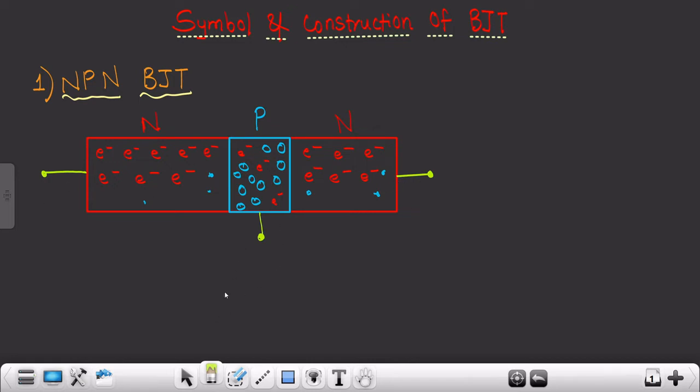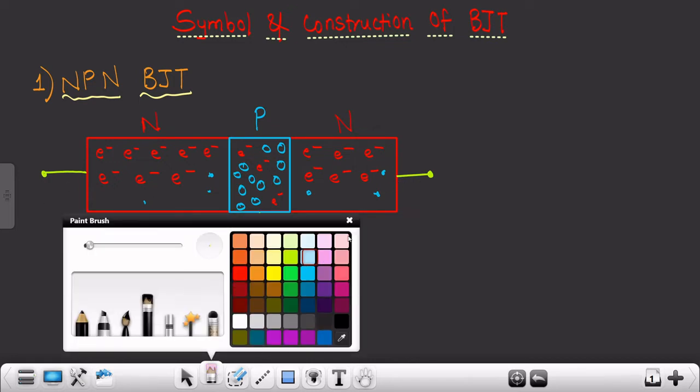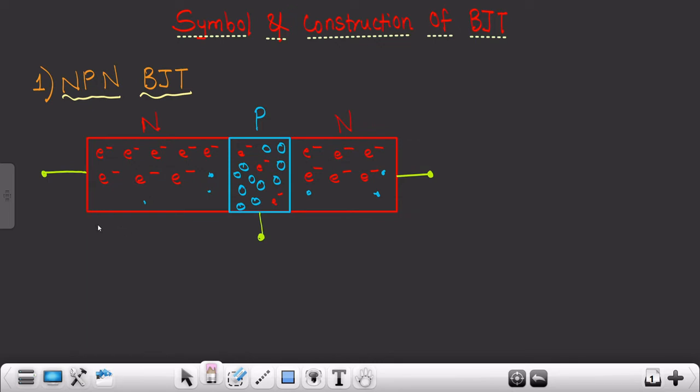Now if you look very clearly over here, you can see that the area of this particular N type region is greater than this particular N type region. Let's suppose the area of this N type region is A1, and the area of this other N type region is A2. So as you can see very clearly, A1 is greater than A2.